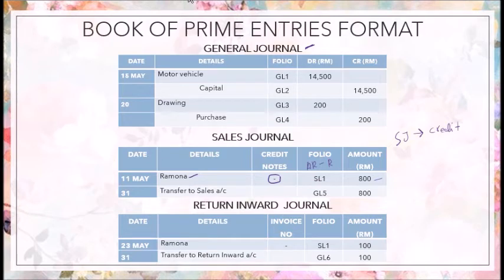There will also be a sales ledger here, putting 800. Later when you open the ledger, we will have sales ledger 1. It is the JLC 5. You will put it here, the total sales.